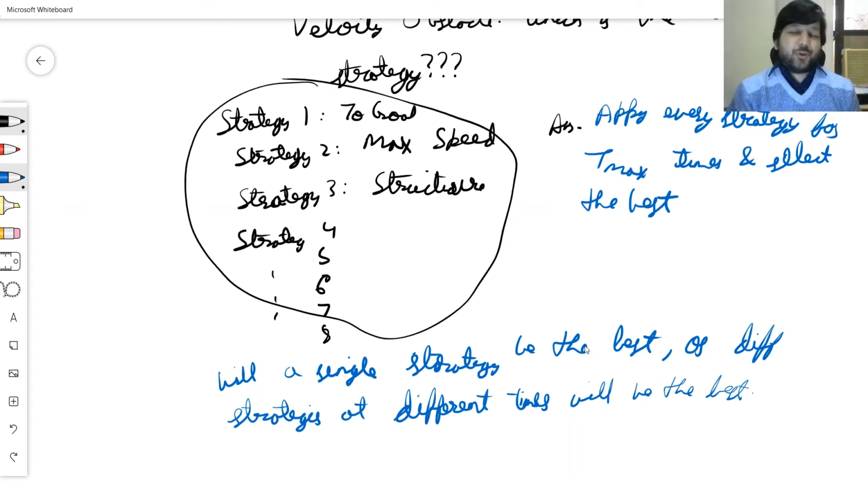Which means, should I stick with one strategy, or should I create a mixture of strategies, sometimes this strategy, sometimes that strategy? And now it's a more involved problem, because here there were only 8 simulations to do in parallel.